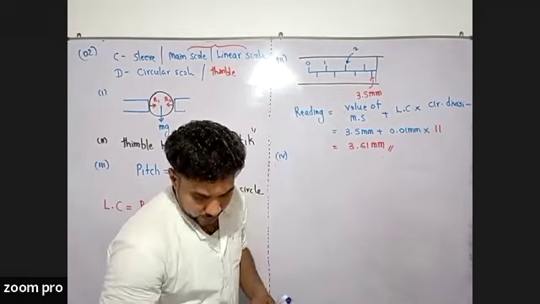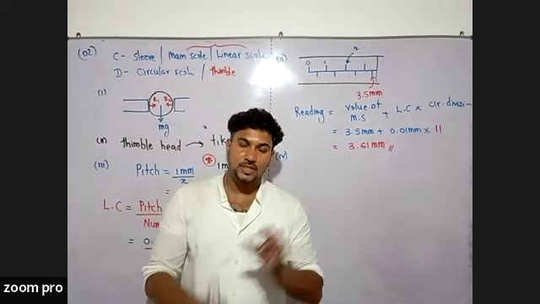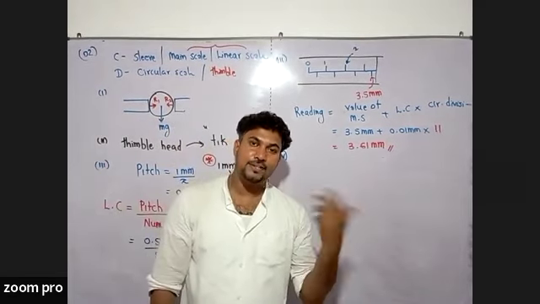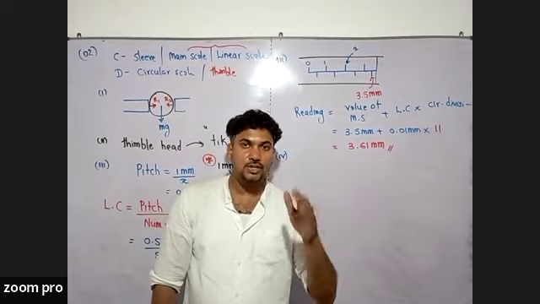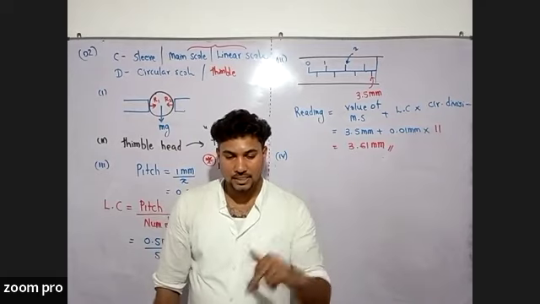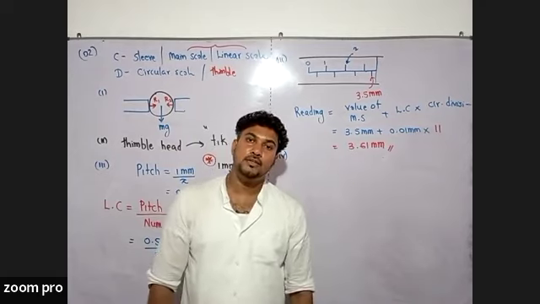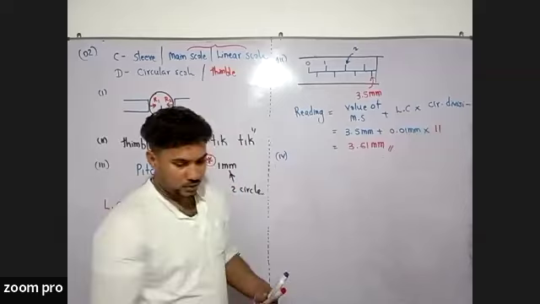Now, I have told you that if the zero division or half of the zero division of the main scale is not visible, it most probably should be a negative zero error, right? So just go through the answer.